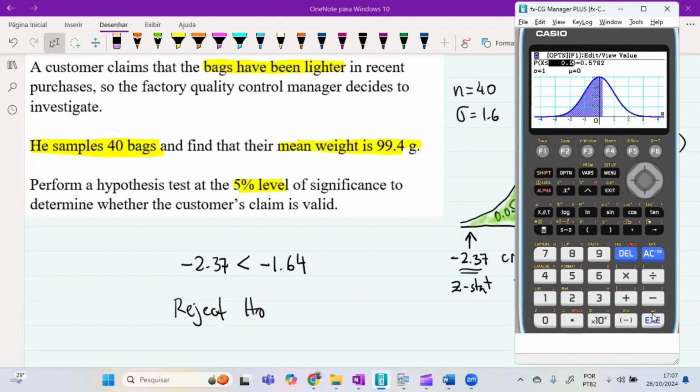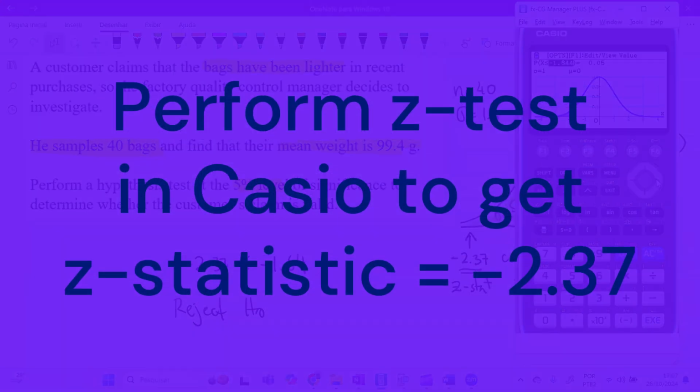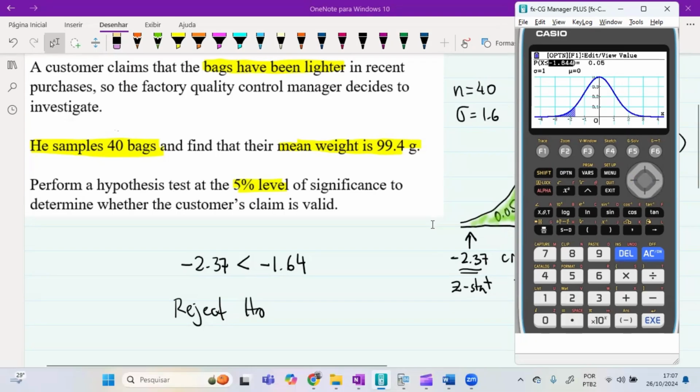Then you go here to the area and select 0.05. Then we get the same value, again, minus 1.64. Clearly, in this case, we have to use this tail, x is less than or equal to, and then insert the value 0.05. And so that's another way of making a decision on the statistical test, okay?